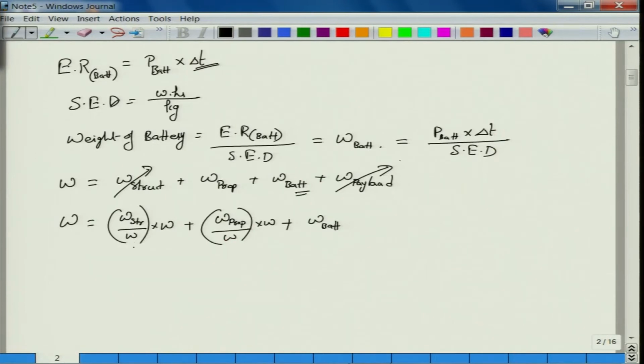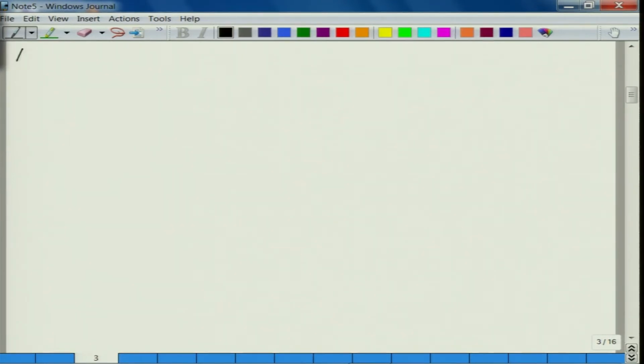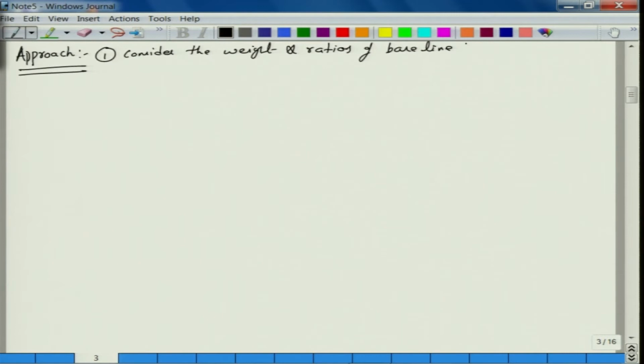So, the steps that we need to follow here, the approach, what we will be doing: consider the weight and ratios of the baseline UAV.